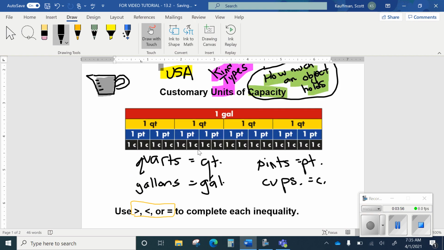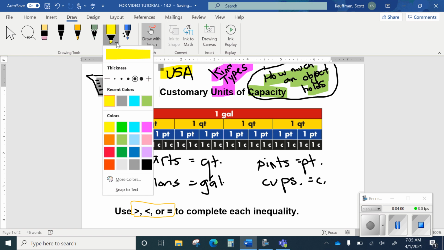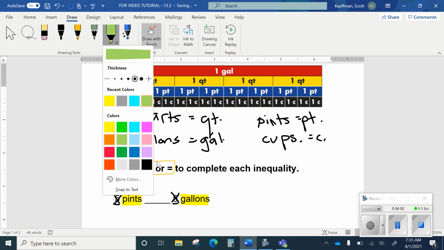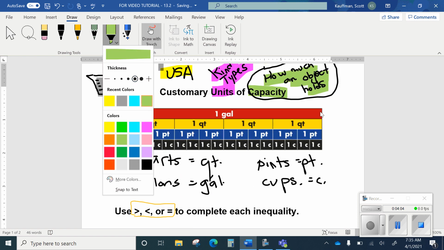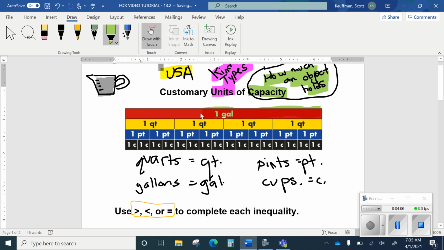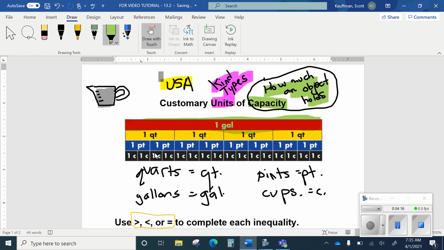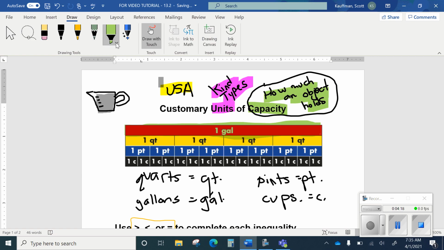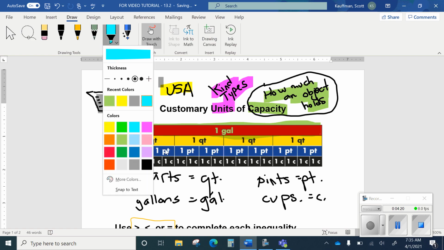So this is where my handy dandy chart comes into play. I have gallons right here. The bar model just shows you the size of a gallon compared to a pint. Okay, here is a pint.